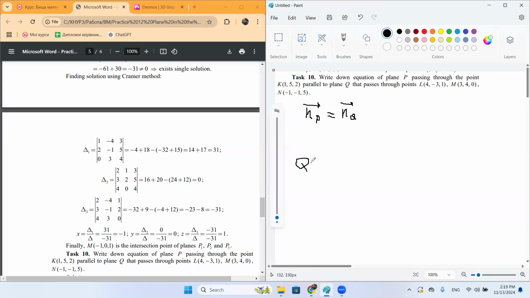So 3 points are known. So just writing down this equation. So x minus 4, y plus 3, z minus 1. And then 3 minus 4, minus 1 minus 4.